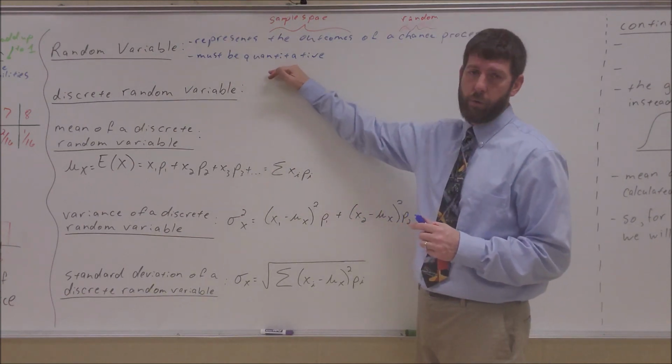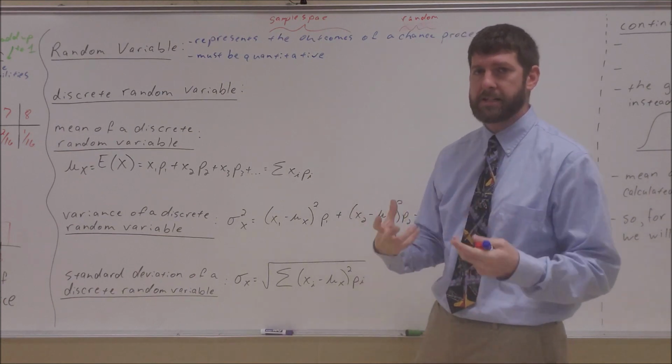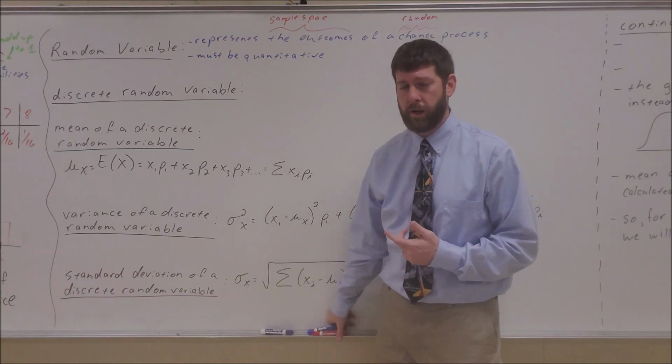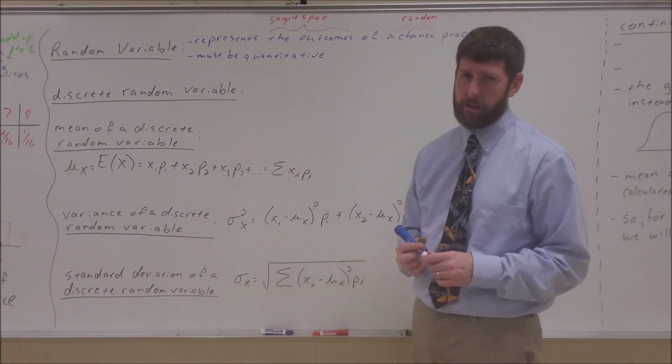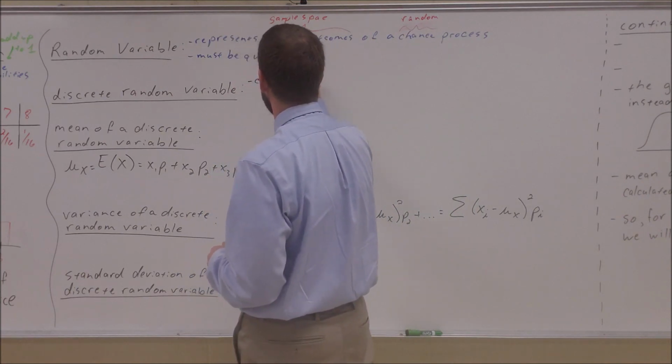Now we know that quantitative variables are things that come from counting or measuring, things that make sense to order on a number line. So that kind of gets into our first random variable we're going to talk about, which is the discrete random variable. Discrete just means that the numbers are countable.